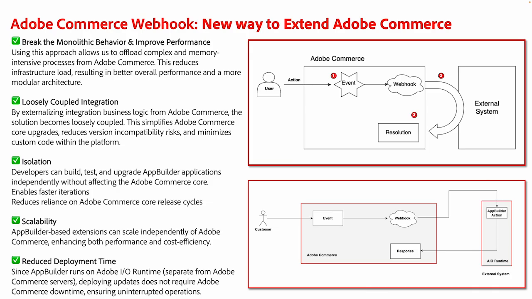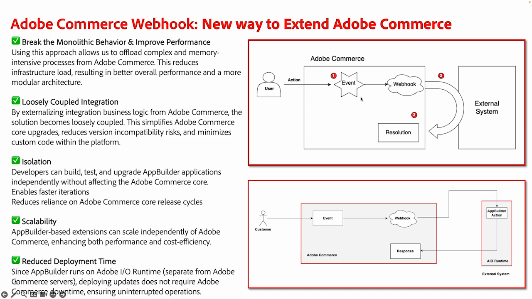Now let's understand the advantage of using Adobe Commerce Webhook, the new way to extend Adobe Commerce. If I look at the diagram, what we do with Webhook is that when an event is getting executed, using Webhook we are calling the external system, and we now rely on the result of the external system.